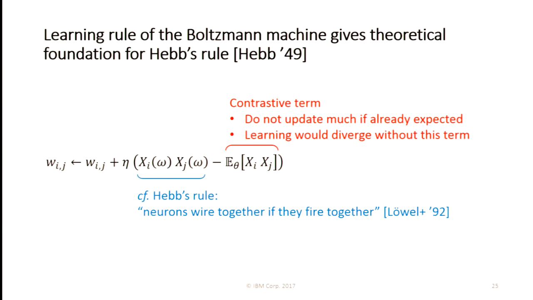So heuristically mimicking the Hebbian learning rule just leads to a divergent learning rule. But because this learning rule is derived from a stochastic model, the Boltzmann machine, and an objective function, it actually maximizes this objective function.